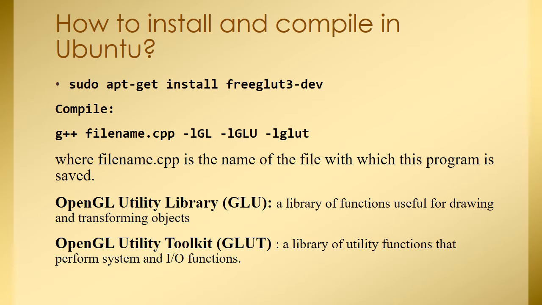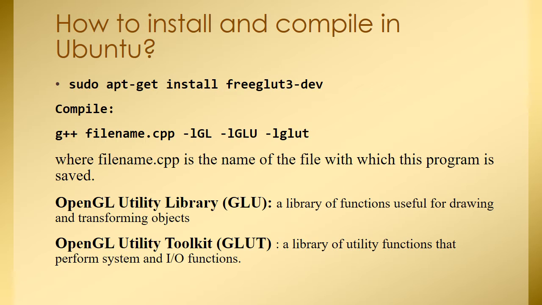So these are the steps which can be used to install OpenGL in Ubuntu. You can follow these steps, and to compile an OpenGL program, the statement g++ filename.cpp has to be used for compilation, wherein filename.cpp is the name given to your cpp file if you're using OpenGL along with a C++ program.